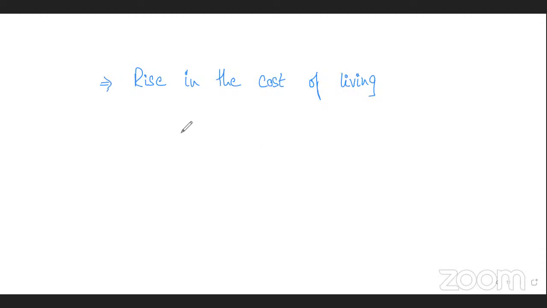Now, to calculate inflation, you need to record changes in the prices of all the products that affect a typical consumer. Let me write it down like this.